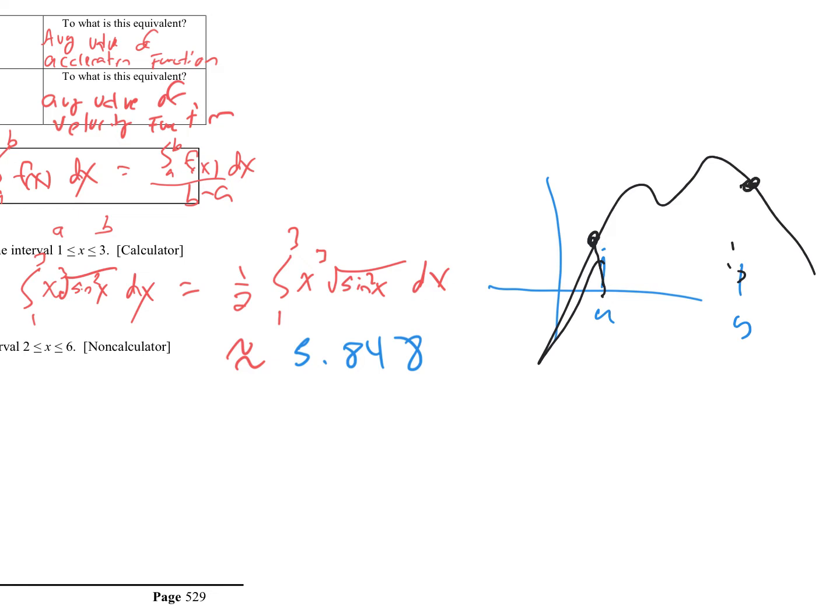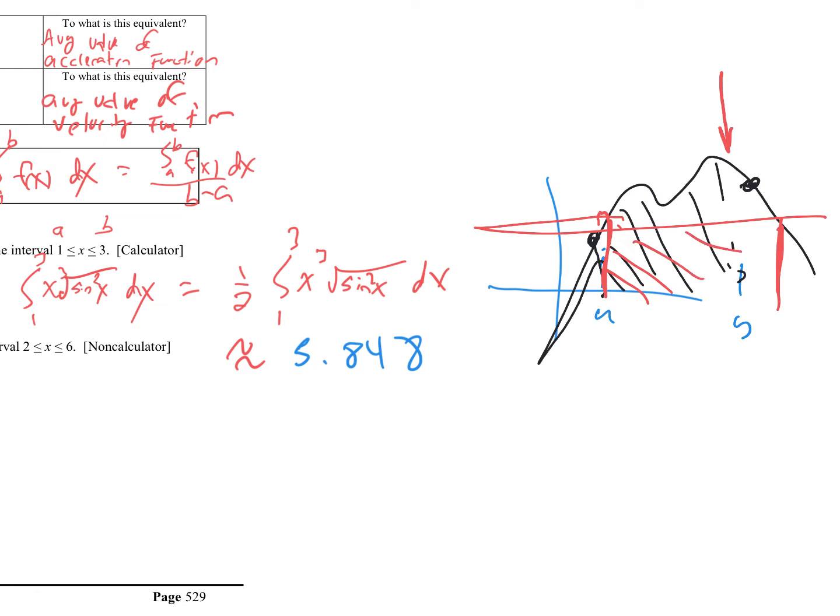What we've basically done is we've tried squishing this area from A to B into a rectangle, like imagining pushing this function down like Play-Doh to get all the area. And this value here is your average value. Whatever this y value is, it's your average value.